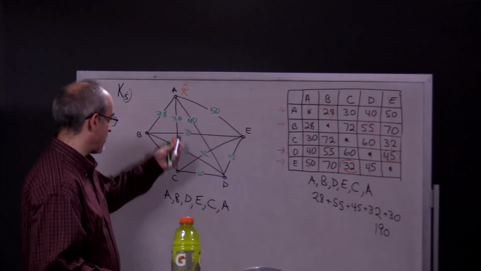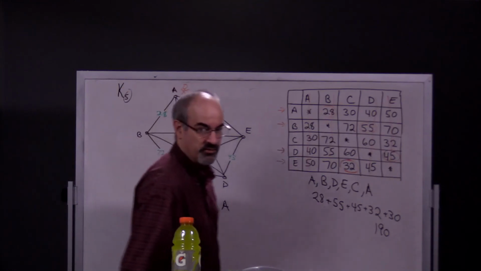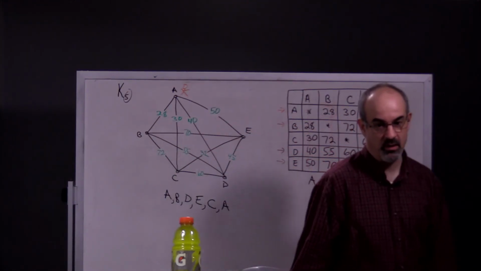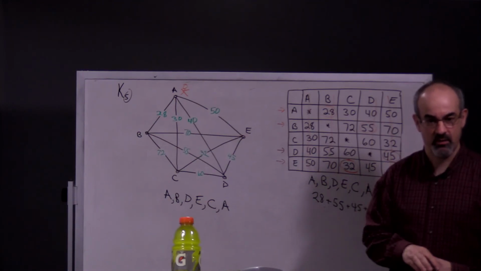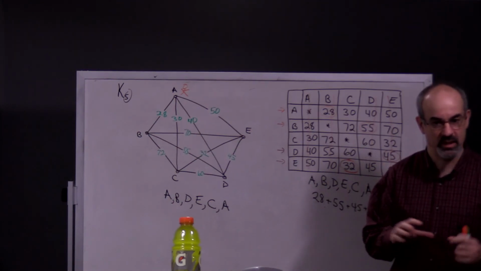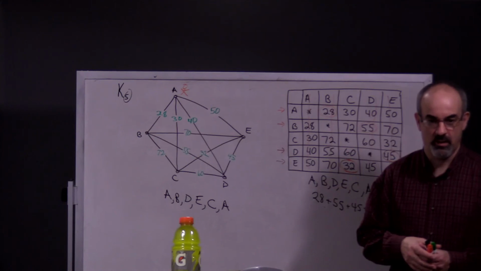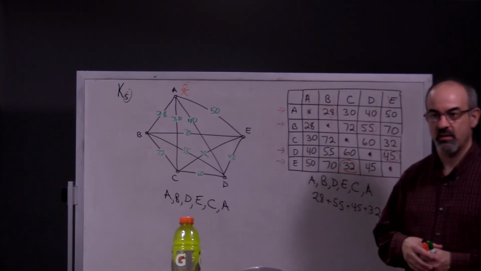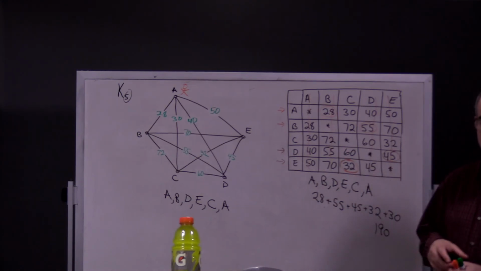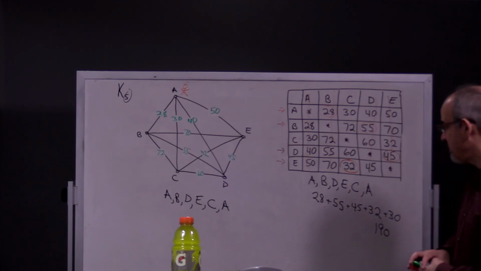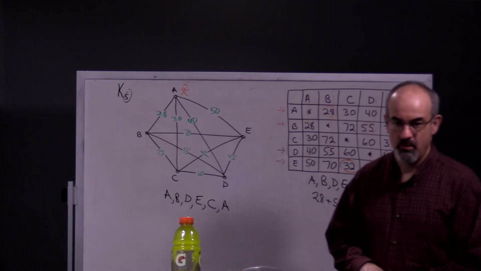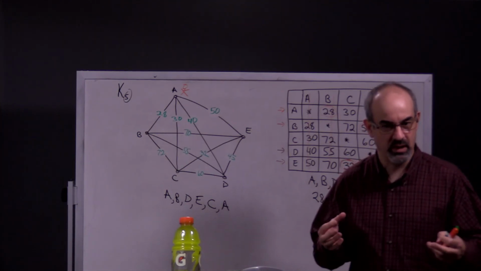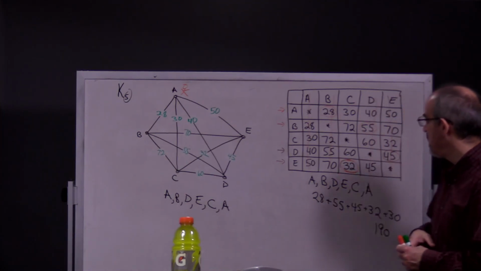If you use the brute force algorithm to figure out every possible route, there's probably one better than 190. But remember, the brute force algorithm is an inefficient algorithm because it takes so long. Nearest neighbor and repetitive nearest neighbor are called approximate algorithms because they don't necessarily give you the best route, but they give you a pretty good one very quickly.